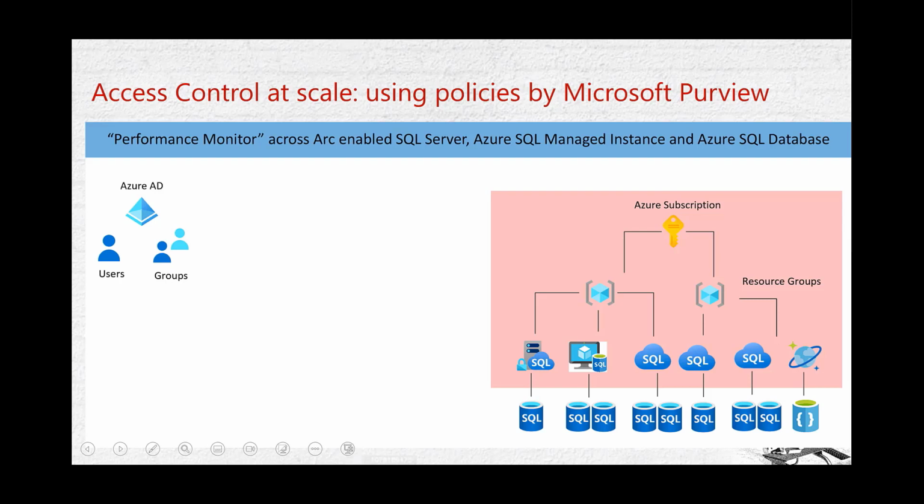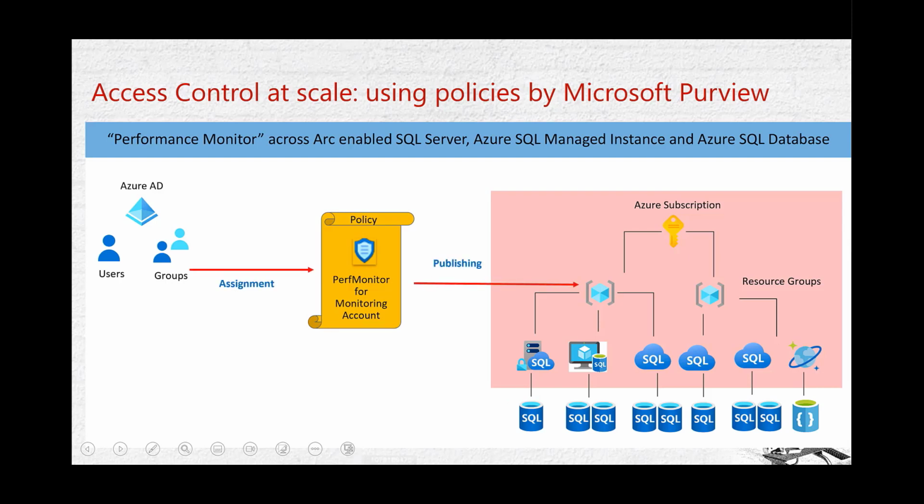For example, one of the first use cases is to allow performance monitoring for multiple SQL Server instances. So there is a policy that you can apply to a given Azure AD principal and assign it on any of these scopes inside your subscription.